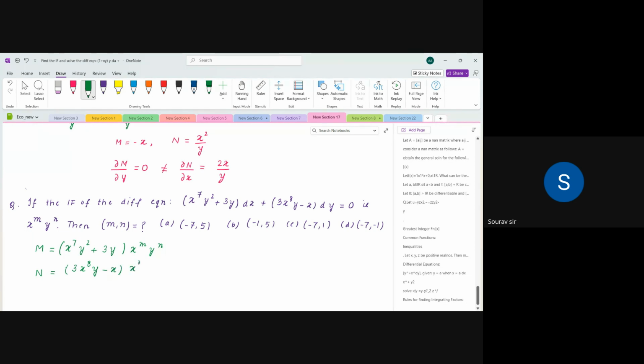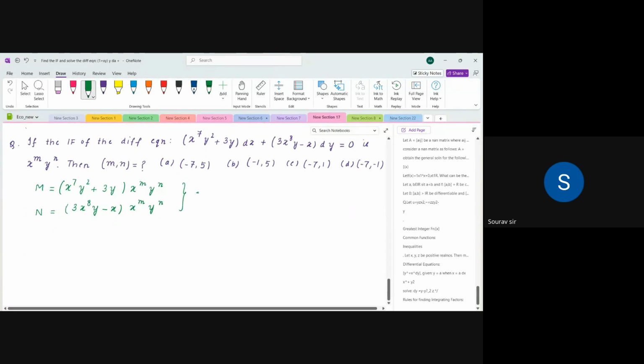So these are your m and n's, right? If this differential equation has an integrating factor, that means the differential equation by default is not exact. Otherwise there would be no integrating factor, right? So after multiplying your m and n with the integrating factor, will your differential equation become exact? So with this m and n, your del m by del y will be equals to del n by del x. Is this making sense to all of you?